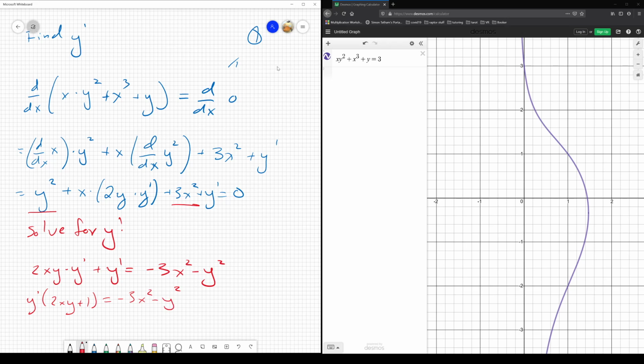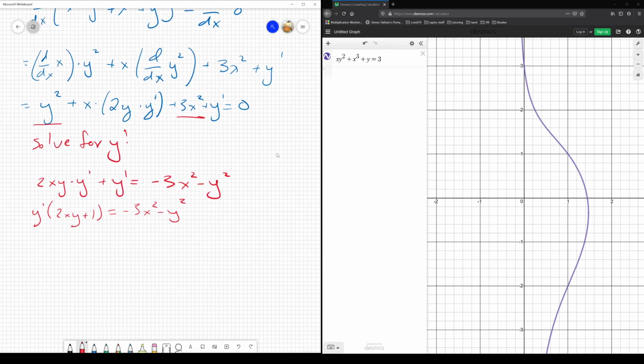So then the thrilling conclusion here is that y prime equals negative 3x squared minus y squared over 2xy plus 1.